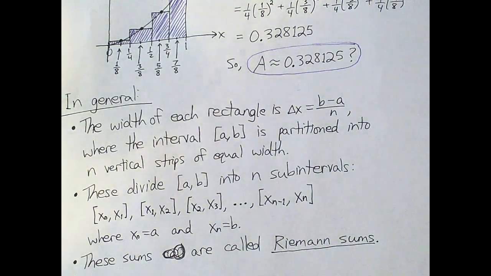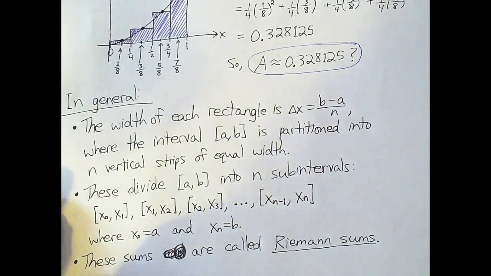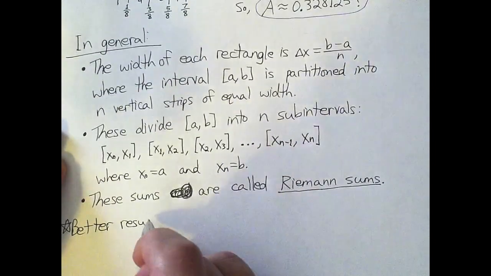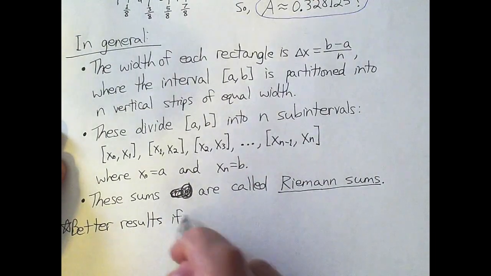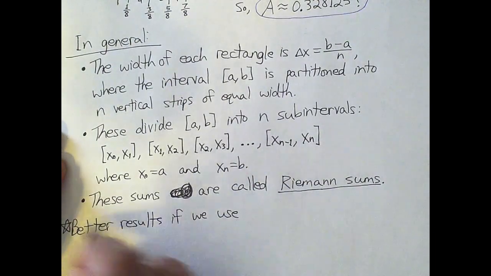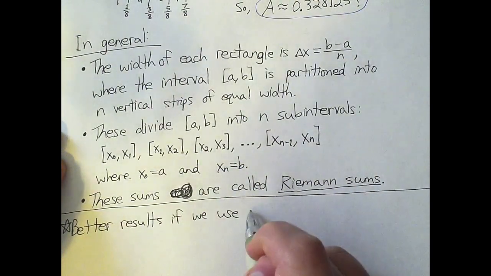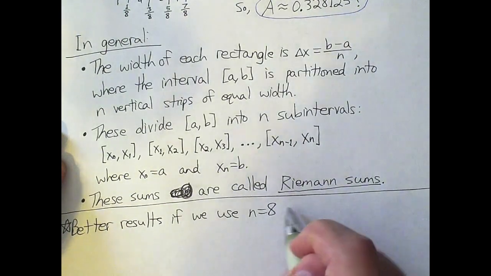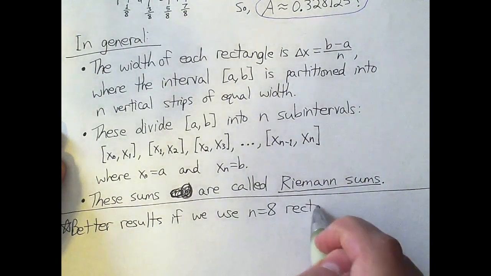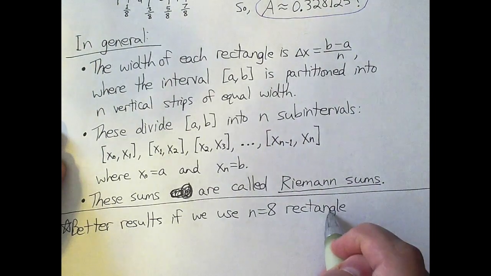Now, I said a moment ago that we would get better results if we used more rectangles. So, better results if we use, let's say 8. Let's say 8 rectangles. We would get a better estimate of the true area under the curve.